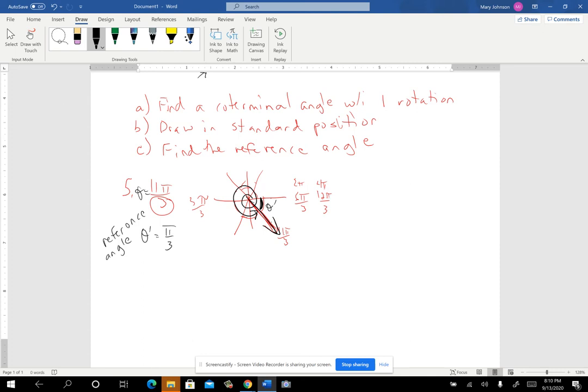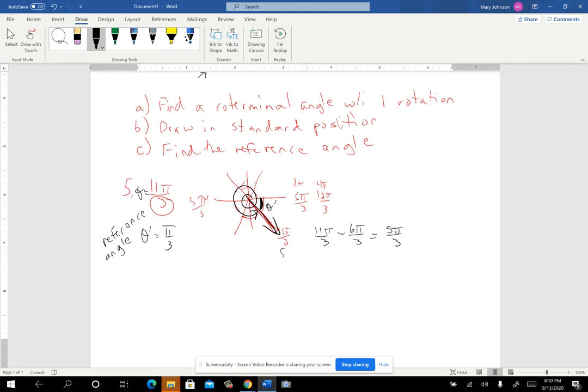All right, now one other piece of this. They wanted me to express the angle, given an angle that's coterminal to it, okay, same exact terminal side, that's within 1 rotation. So it's like that 11 pi over 3 right there, if I took away 1 rotation, which would be 2 pi or 6 pi over 3. See how I'd have 5 pi over 3?